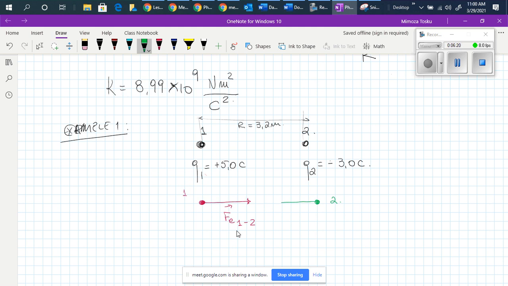Since they are opposite charges, or unlike charges, it is attraction as well. Now, based on Newton's third law, we can say that the magnitudes of those two forces are equal to each other and the directions are opposite.